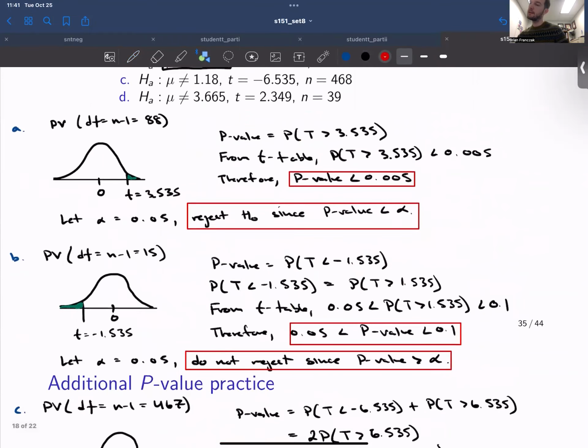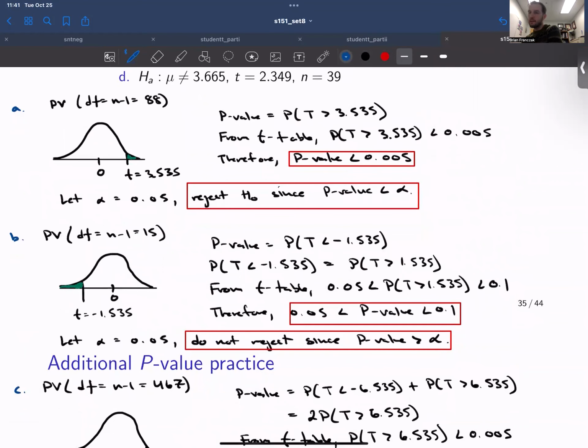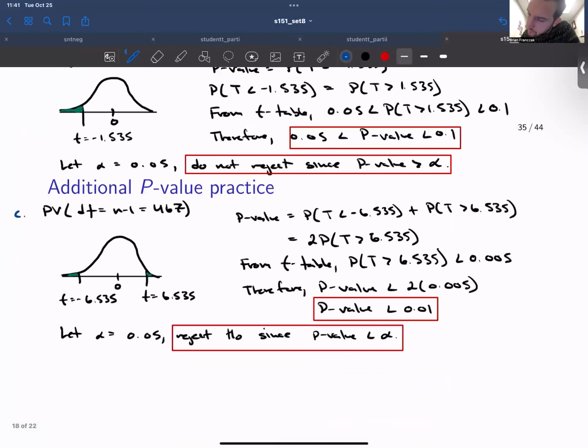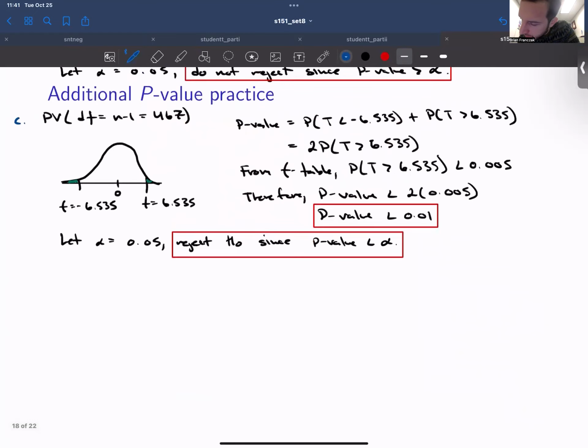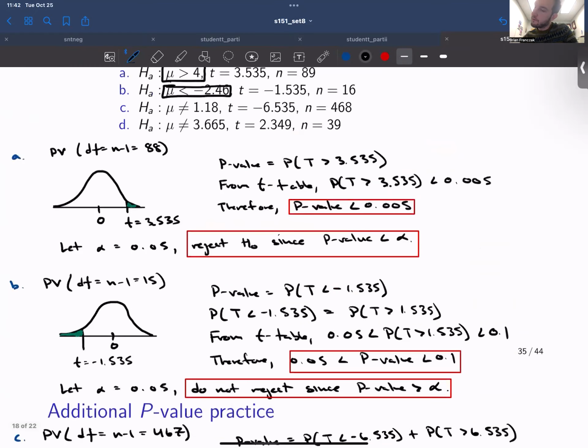Okay, so in part D, it's the same problem that we had just studied in part C, except that the test statistic is given as a positive number. But this doesn't matter in terms of setup. Okay, so here we have, if we take the p-value approach, 2.349.